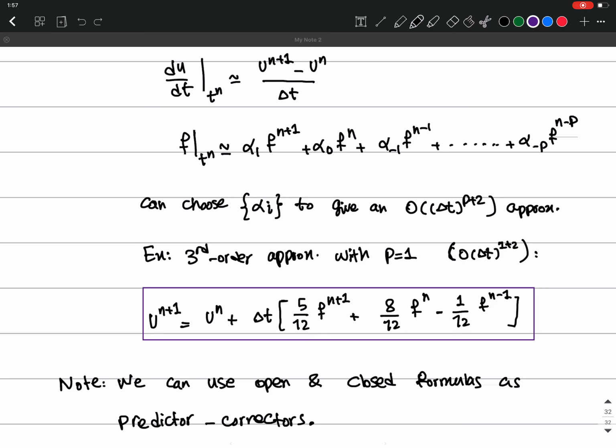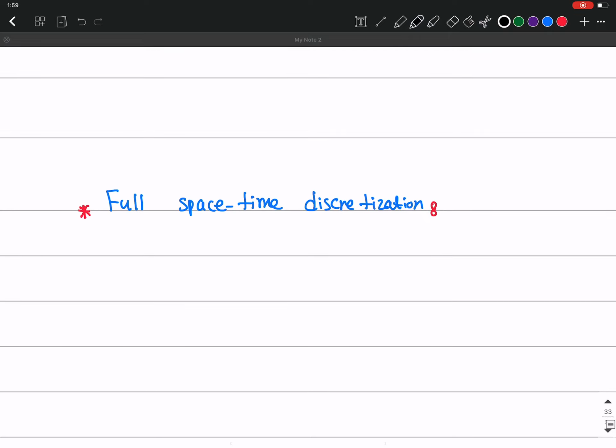Okay, so let me start the final example of this part: full space-time discretization. I want to do this as an example.